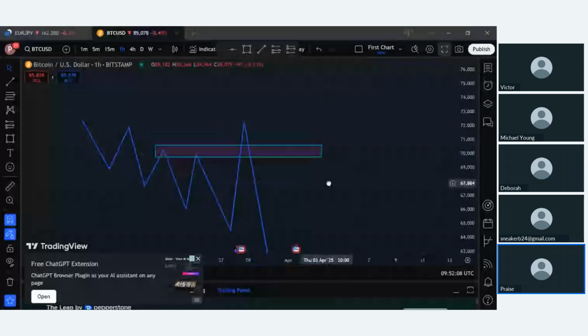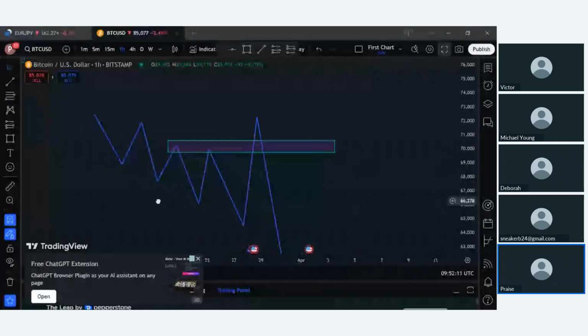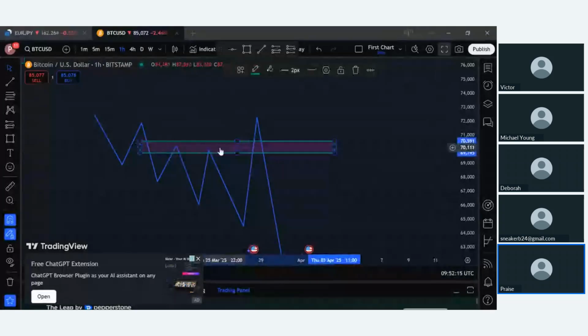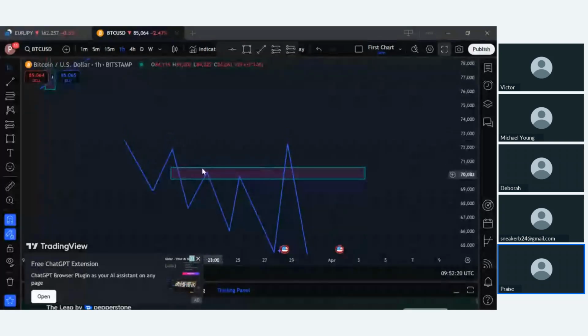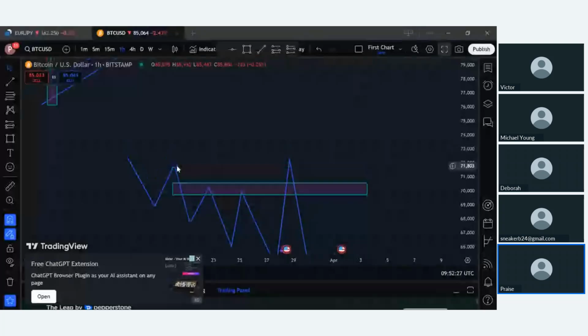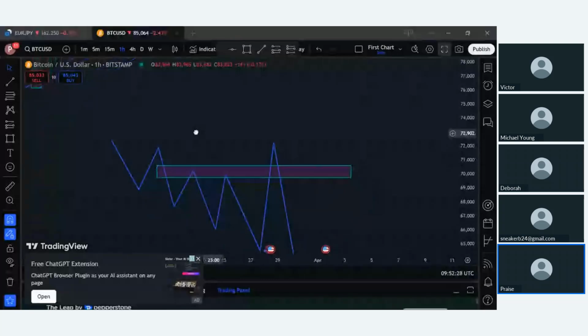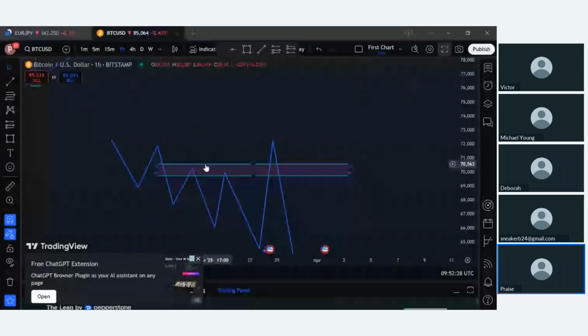So this is how you can combat that. First, when you spot your resistance zone, you want to look if there are any other highs before that resistance, maybe a sharp move, or you call it an order block, a supply zone or demand zone above that resistance.